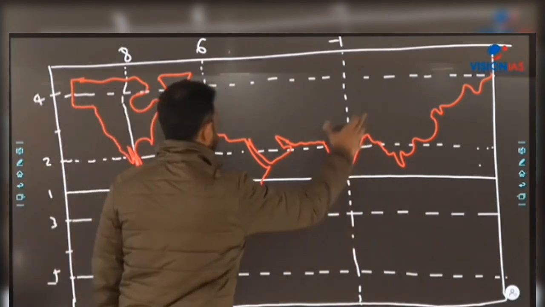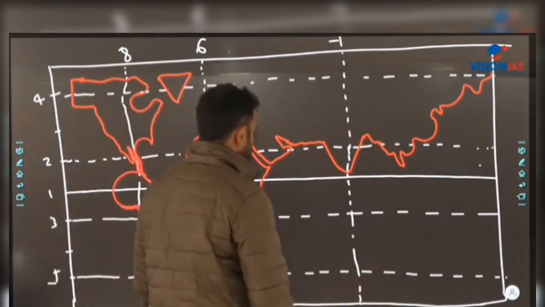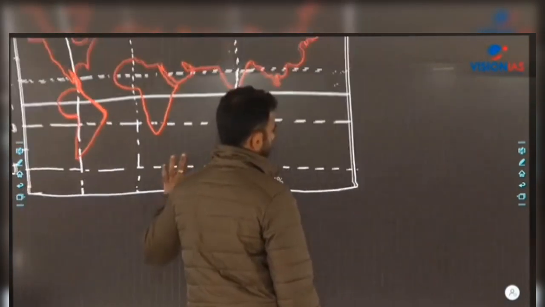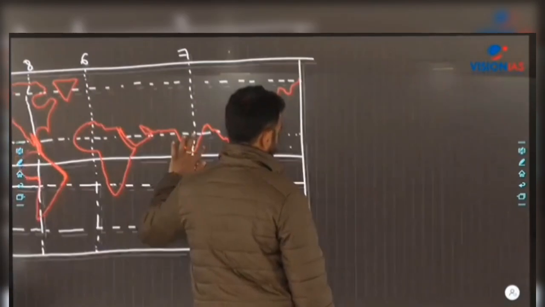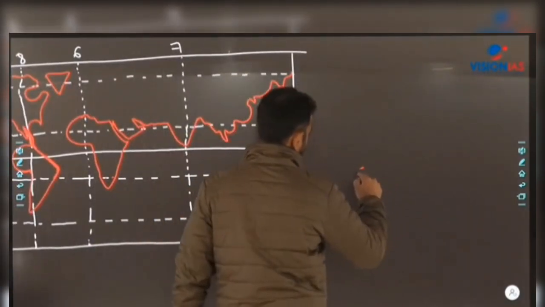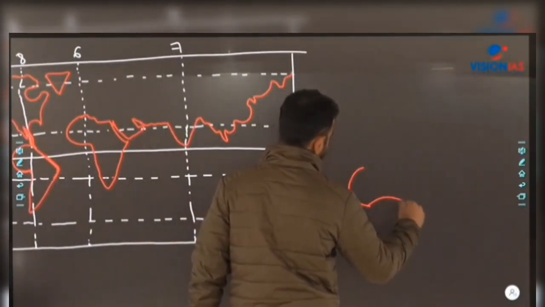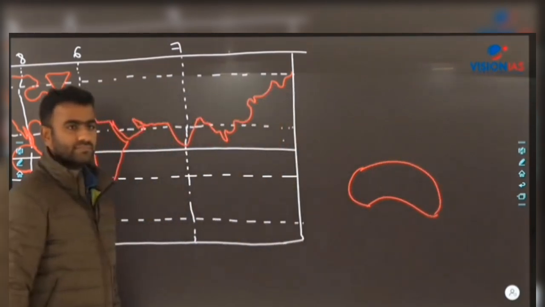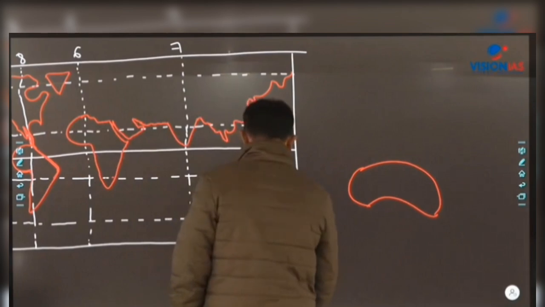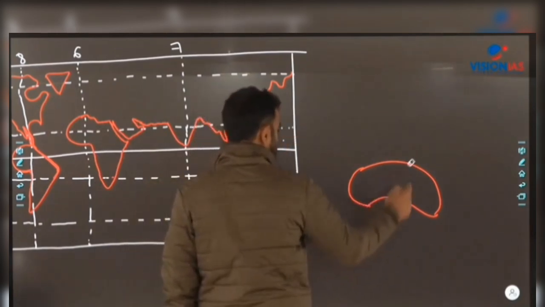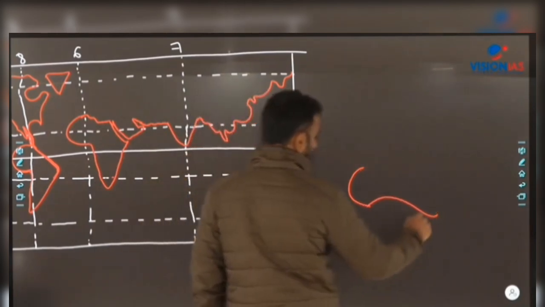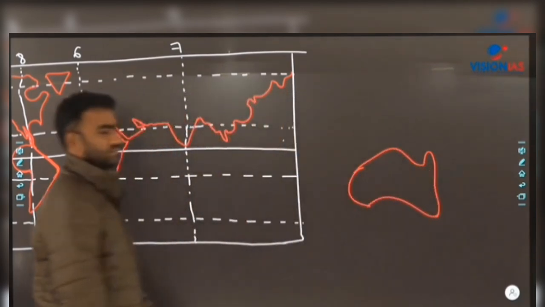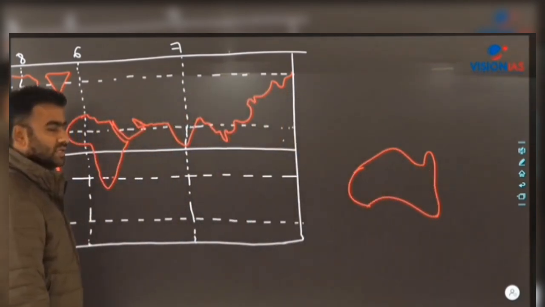Let's draw Australia, then we can fill the gap. Australia is very easy to draw. If you know how Australia looks, it is like a bun. How does a bun look? Just in the upper part you have to make a horn here. This is how Australia looks.